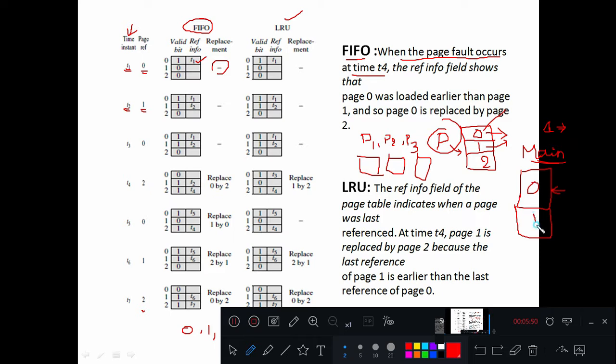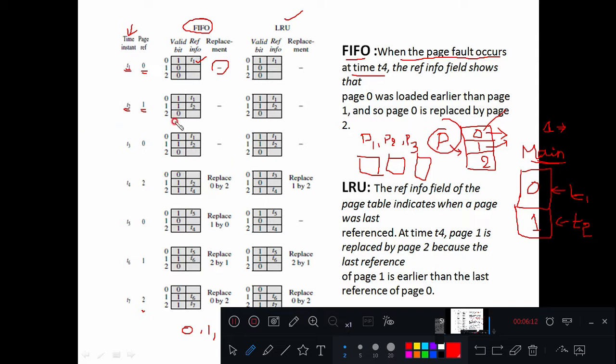The next page, page number 1, is loaded in the main memory. Page 0 is loaded at T1 and this is loaded at T2. So first, which page has come inside? The page number 0. Just remember it.